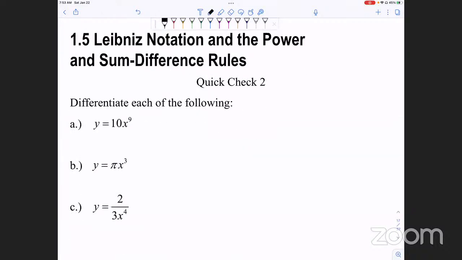Okay, so the 9 comes down. 9 times 10 is 90x to the 8. Now it's going to be 3 pi x squared. These are the derivatives.